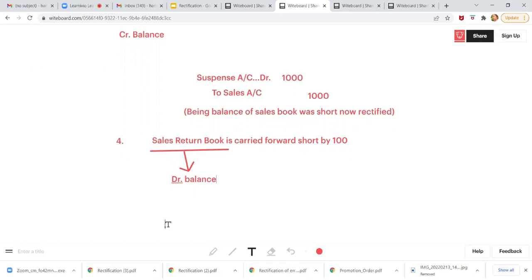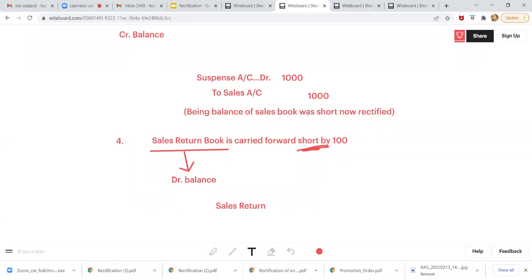So there is a shortage in the sales return book. To fulfill that gap, we will add some more amount in sales return book, right? So we will debit the sales return book by 100 rupees.